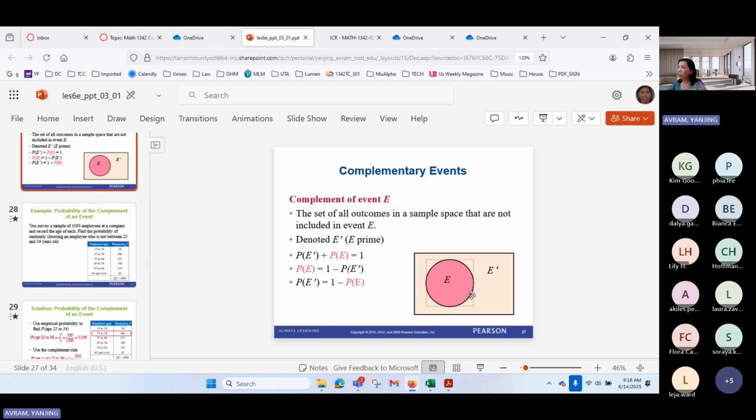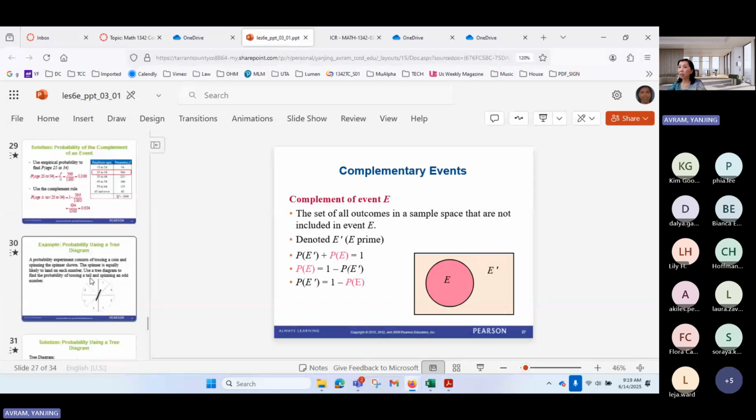Well, not learning will be 70%, because learning and not learning add up together should be 100%, or equal to 1. For a complementary event, you use E prime. So the probability of E and the probability of E prime add up to 1, and you can also use 1 minus that one for the other one.